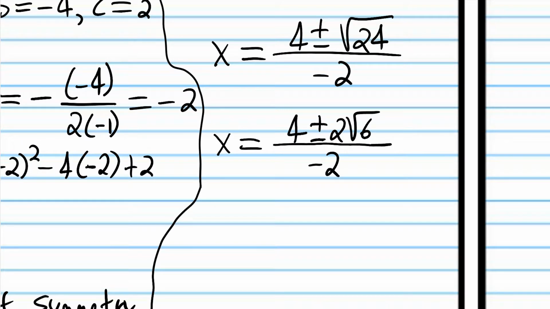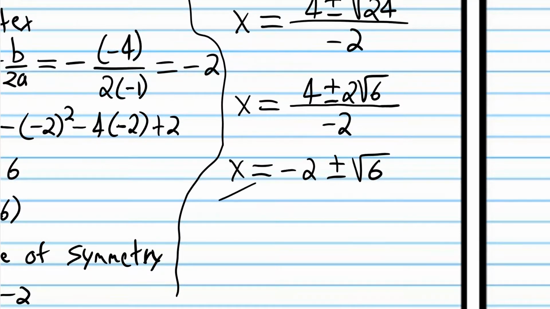Now, we're going to take this polynomial and divide by this number here. And so 4 divided by -2 is -2. And 2 root 6 divided by 2 is just root 6. And when you divide a plus or minus by a negative, the plus or minus doesn't really change.